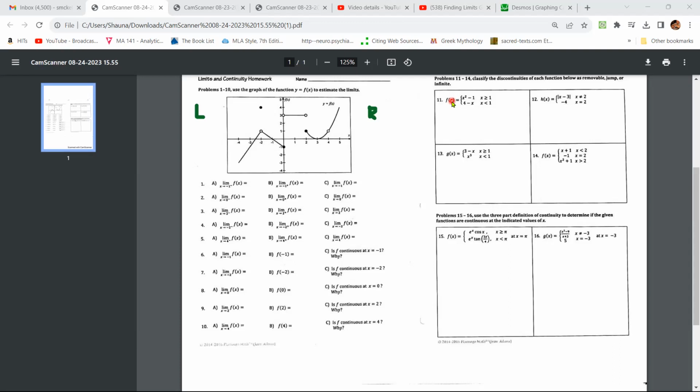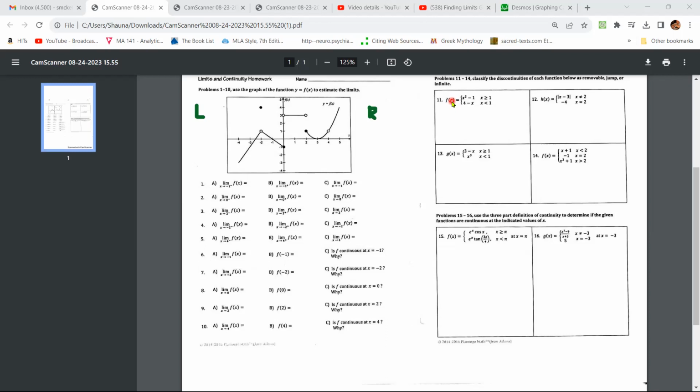If it's a piecewise function, they have more than one rule and they have limited inputs. So if you look at number 11, your function has two pieces, doesn't it? Yes.